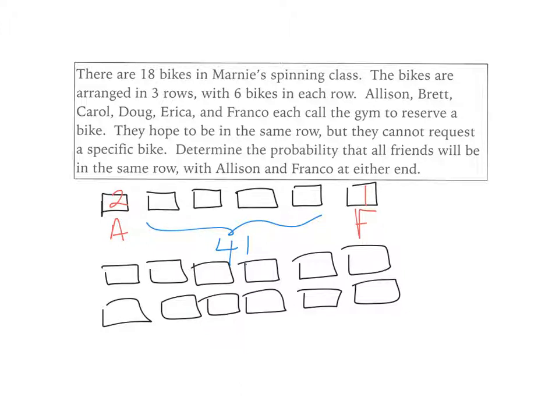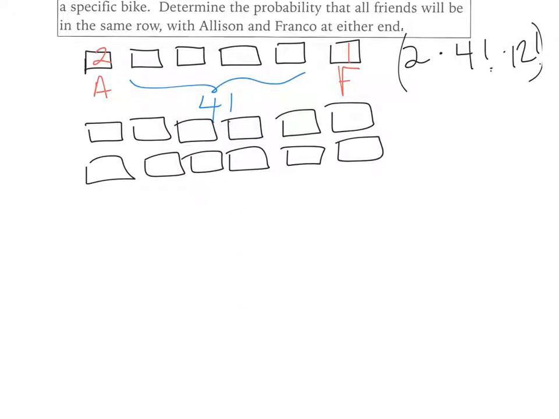So we have 2 factorial, or 2 times 4 factorial, but we also have 12 factorial because of the leftover bikes. And we're going to times that answer by 3.